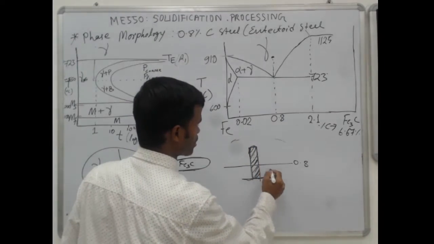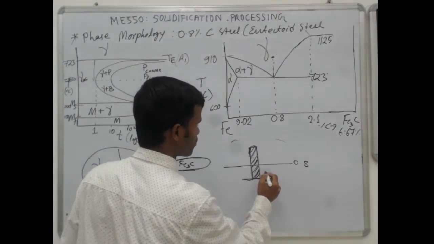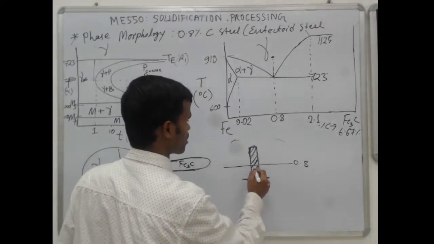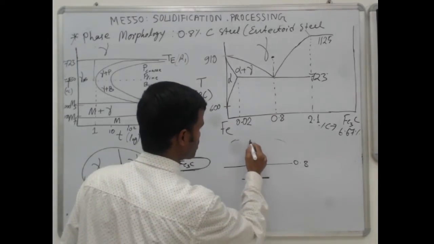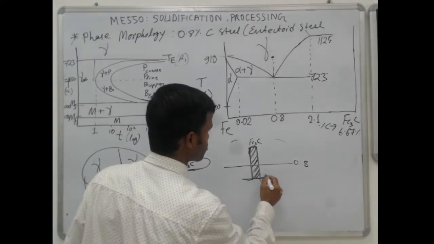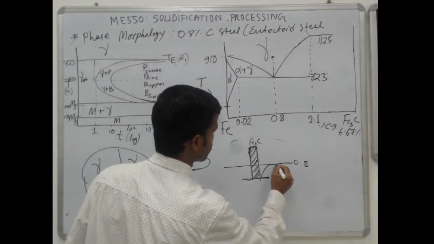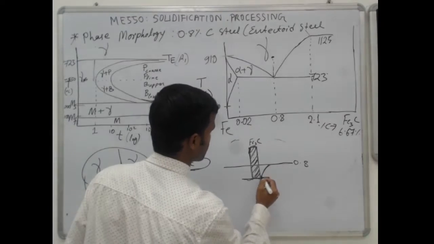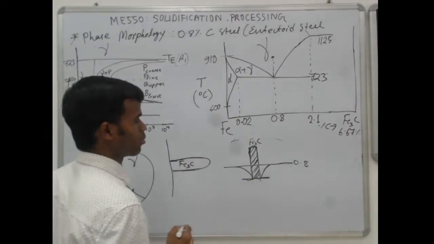The surrounding material, the austenite, has to release some carbon and reduce its carbon percentage. So near the Fe3C, the carbon percentage in the austenite will drop until it reaches the overall composition. It will drop on both sides.